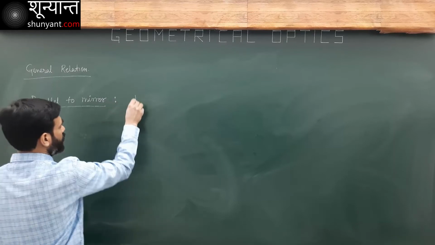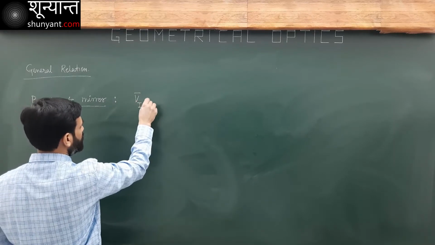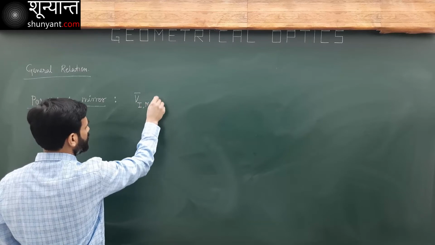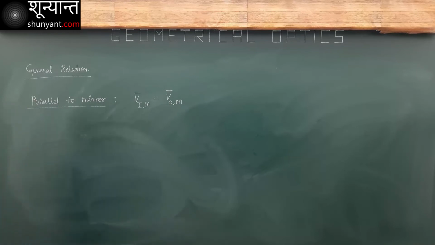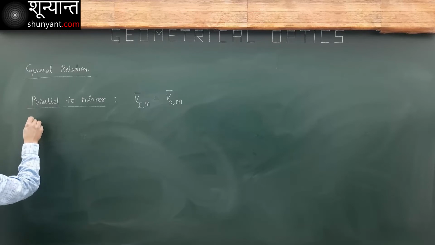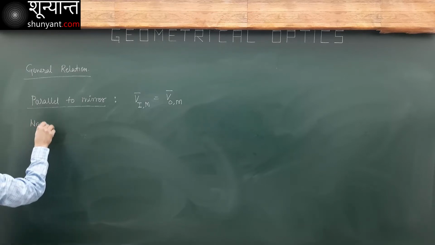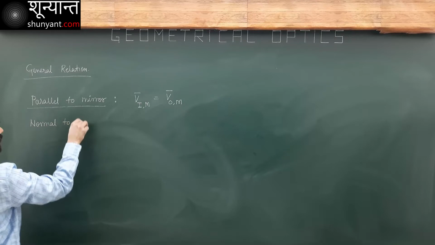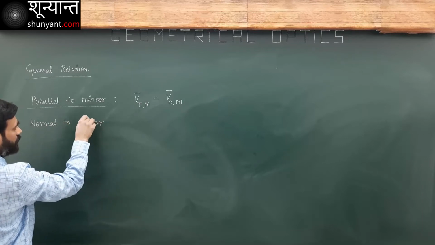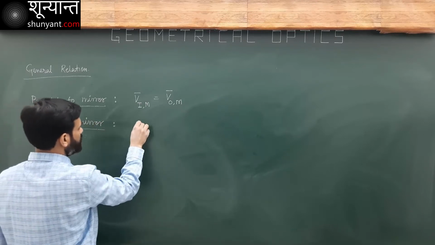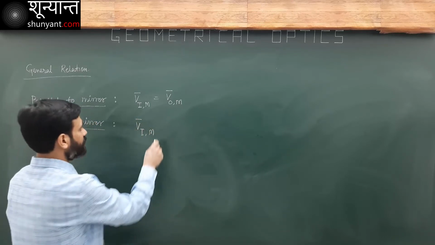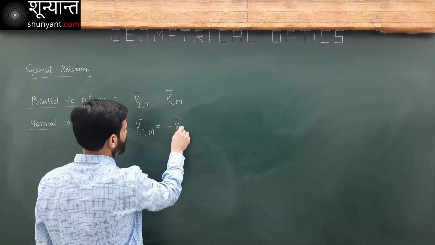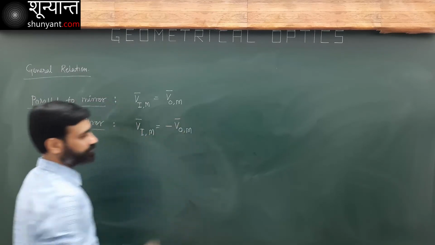Parallel to mirror: velocity of image with respect to mirror is equal to velocity of object with respect to mirror. It is going to be the same. Now normal to mirror. Normal is perpendicular. Velocity of image with respect to mirror is going to be minus of velocity of object with respect to mirror.